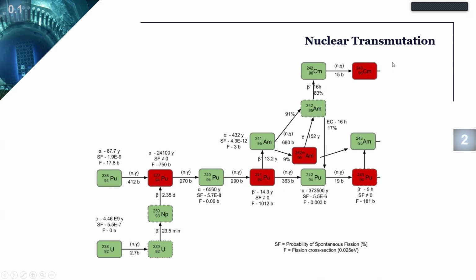So uranium-238 absorbs a neutron, and then we end up with uranium-239, as you can see, and then it transitions through two beta minus decays all the way to plutonium-239, and then the plutonium-239 is a fissile material, so the fuel in the reactor.